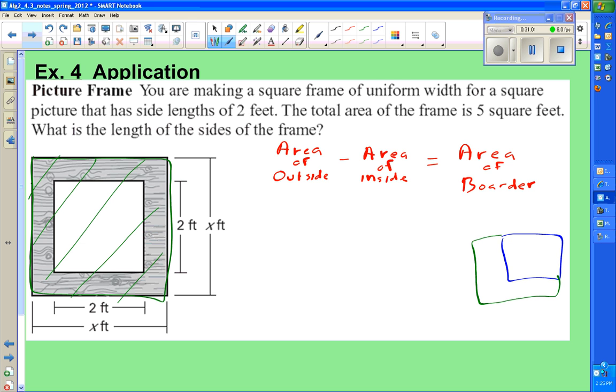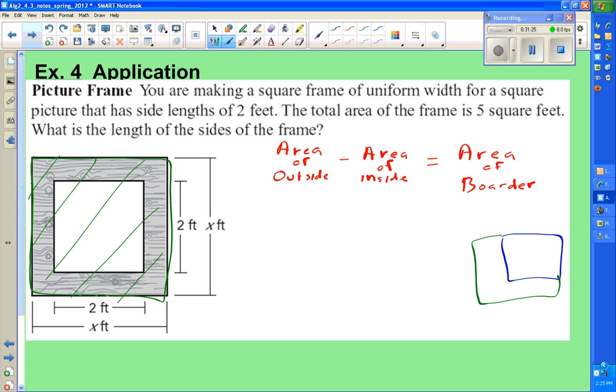Isn't it a square? Isn't what a square? When you say that, what are we referring to? The inside? It could be, because it's two on both sides. But if it's a square, can I still call it a rectangle? Yeah. I don't want to get caught up in semantics. In this case, they're talking about 2 feet by 2 feet. The outside definitely appears to be a square.